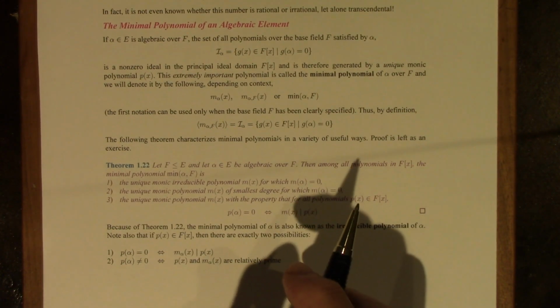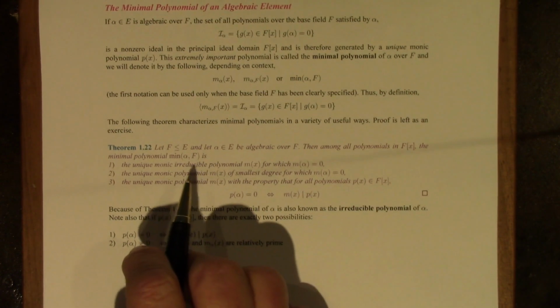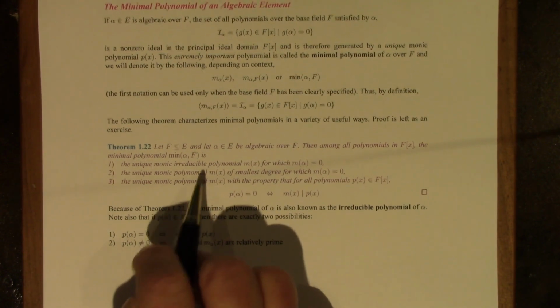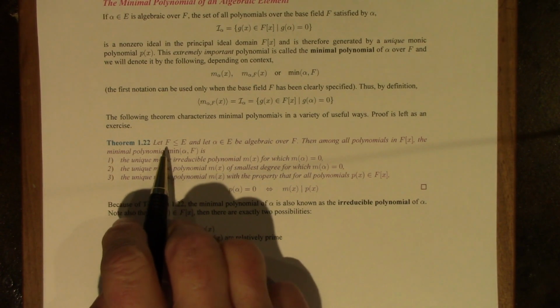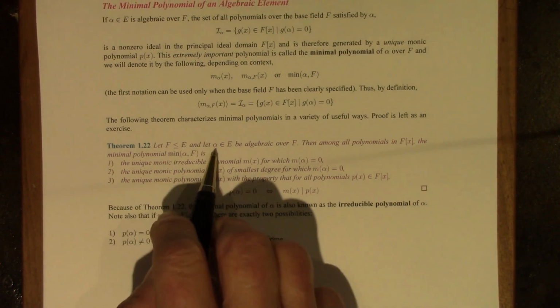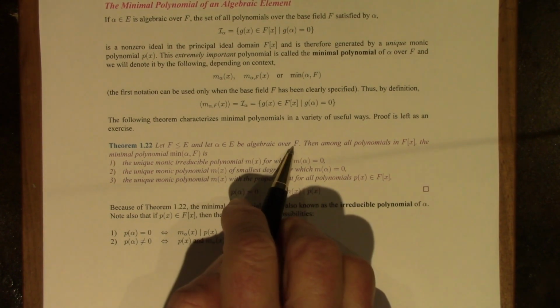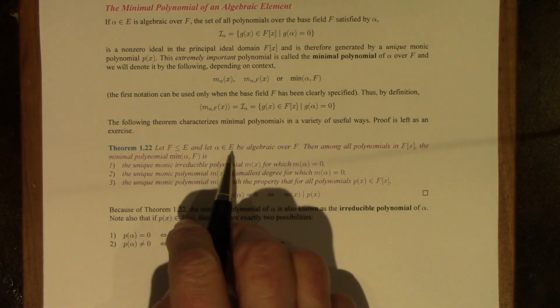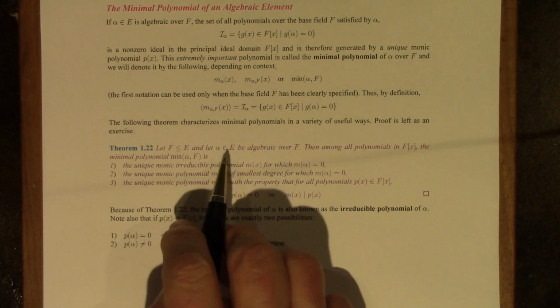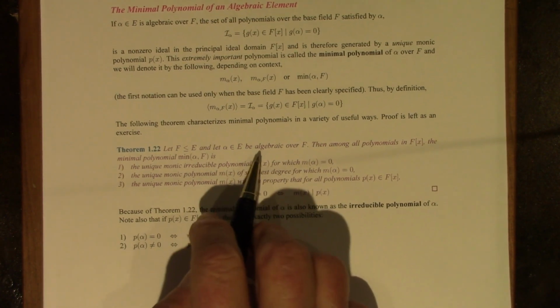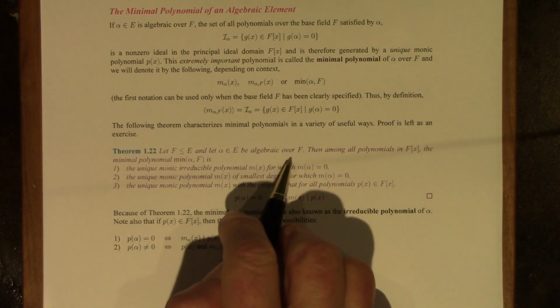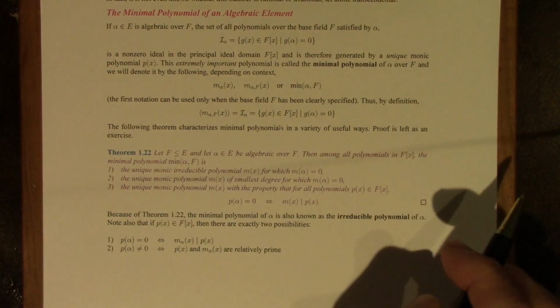We can characterize minimal polynomials in three ways. We have a field extension, and an element alpha in E that's algebraic over F. It's kind of too bad, but I've never seen a notation for alpha being algebraic over F, and I didn't feel like trying to invent one.